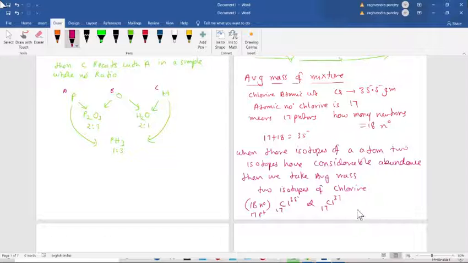And chlorine 37, there are 17 protons and 20 neutrons there. So these are isotopes. Basically isotopes have the same protons but a different number of neutrons, so that makes the isotope.